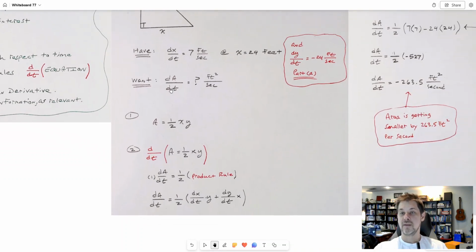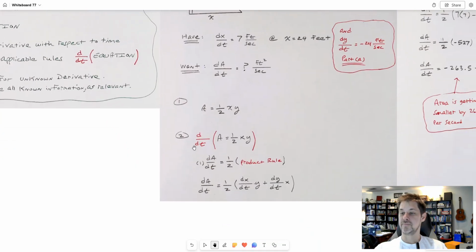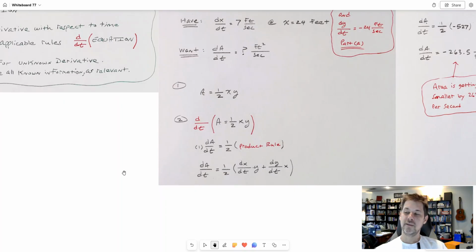Now, once you have that, take the derivative with respect to time of that equation, everything you see there, using applicable rules. So I have to take the derivative with respect to time of the equation area is 1/2 xy. I need to use the rules as they apply. So the derivative with respect to t of A would be 1, the derivative of A to the first power, times dA over dt.